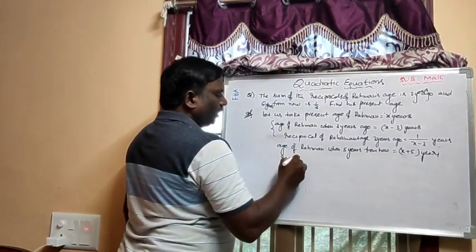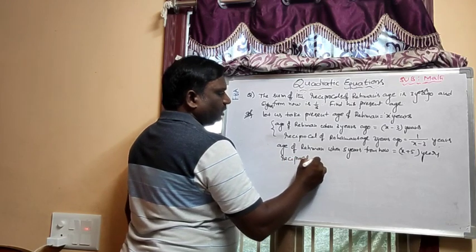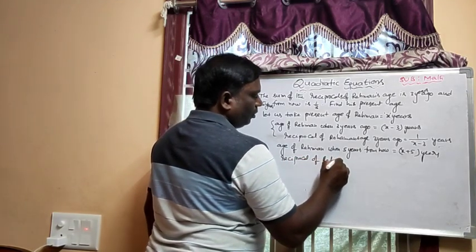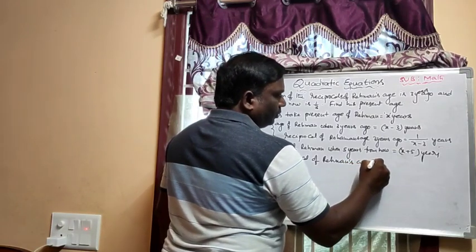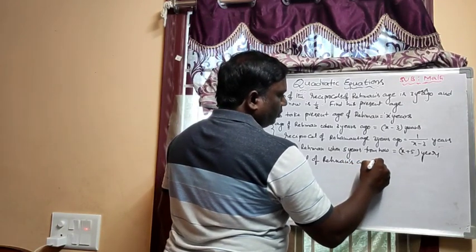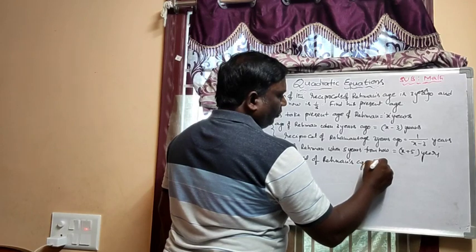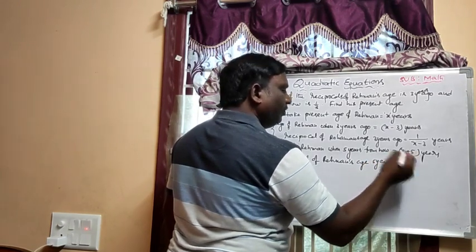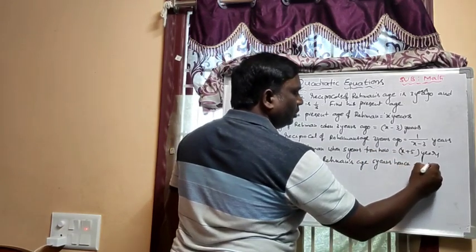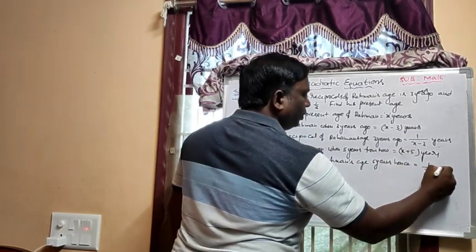The reciprocal of Rahman's age 5 years hence is 1 by x plus 5 years.